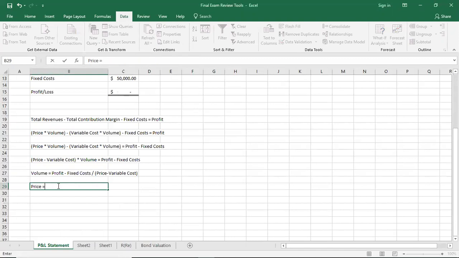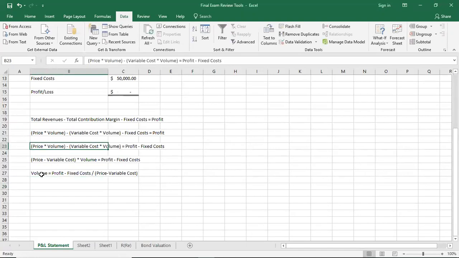Let me back myself up here. You're going to solve the equation the same way, but instead of ending up with your volume as the variable that you're solving for, you'll change it to where it becomes price. So you'll divide both sides by volume, fixed cost divided by volume.